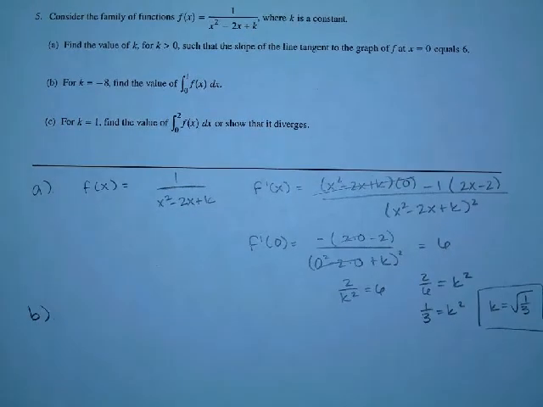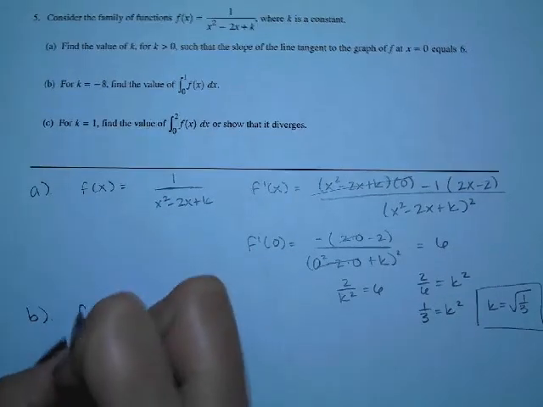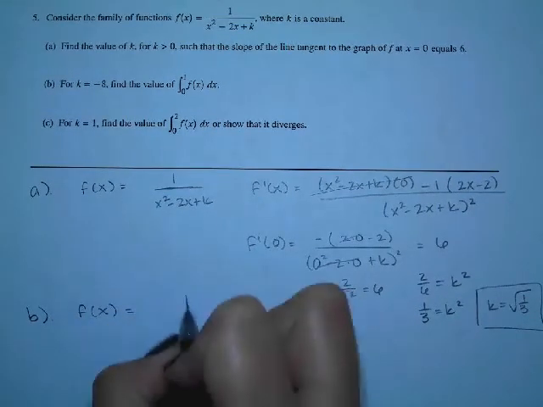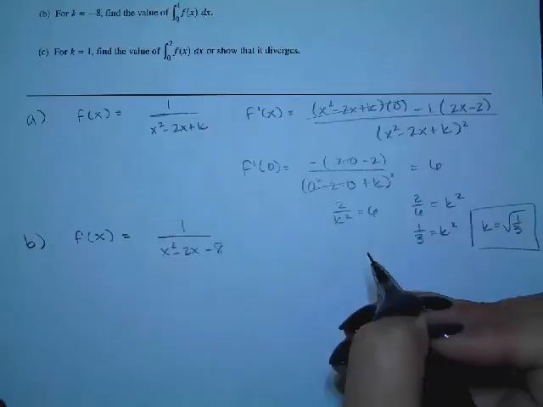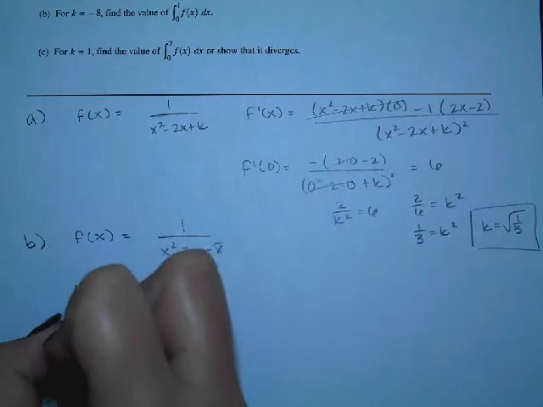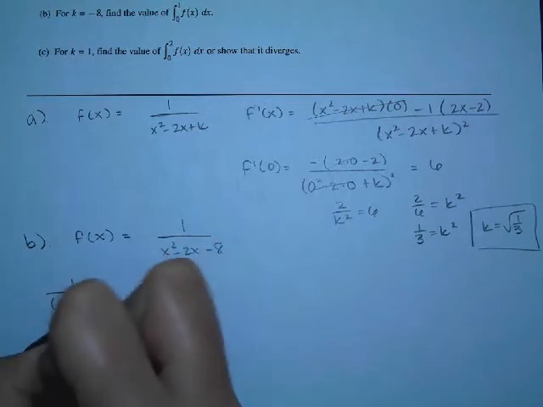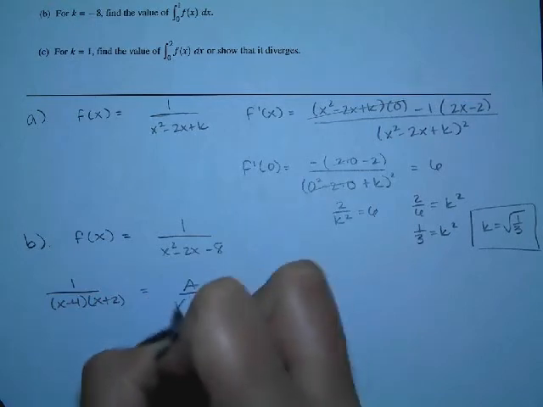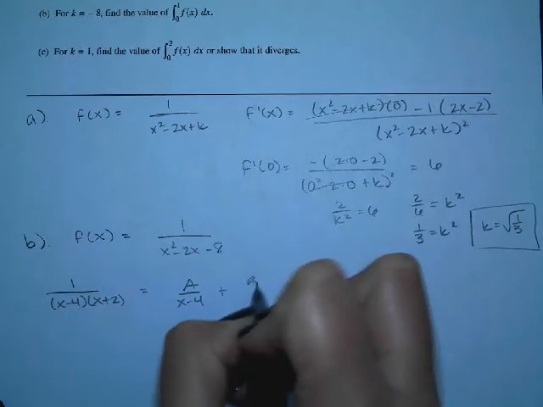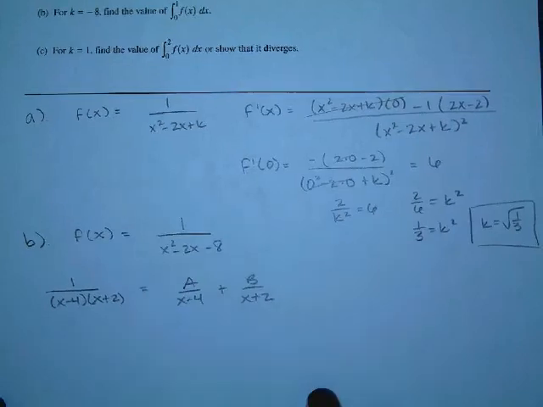This one, when I was doing it, really messed with me. I think they were kind of rude for doing this, but they give you k is -8. So x squared minus 2x minus 8, partial fraction decomposition. So you have 1 over x minus 4, x plus 2: a over x minus 4, b over x plus 2.